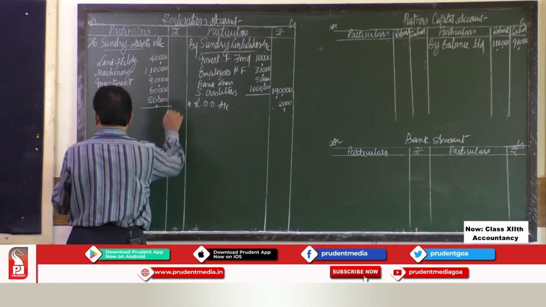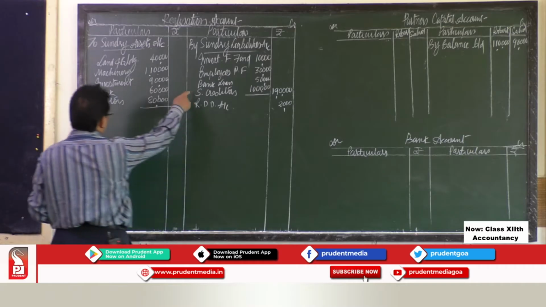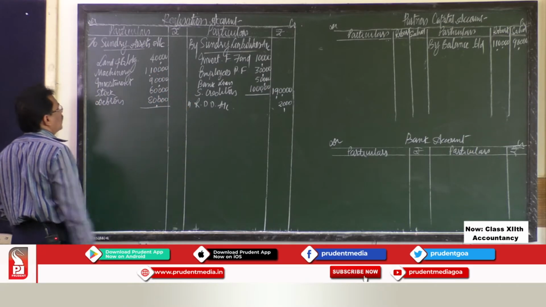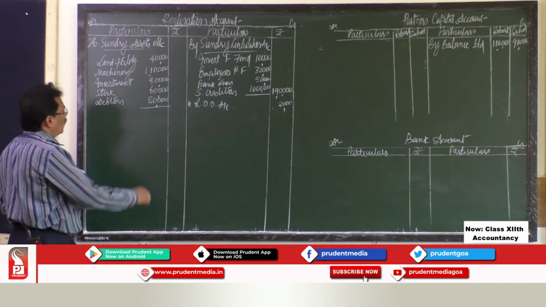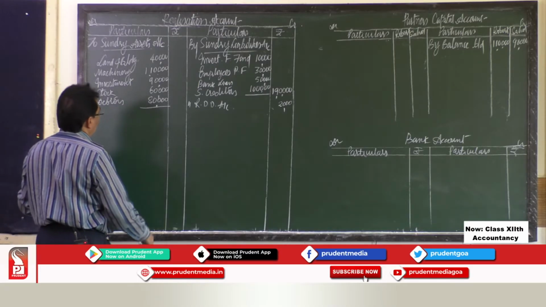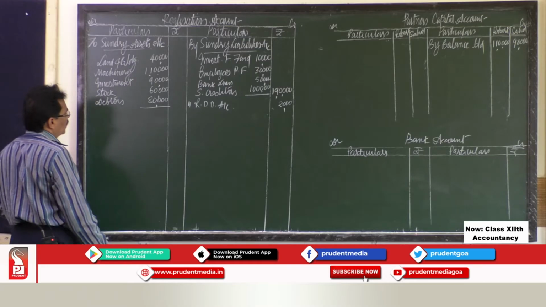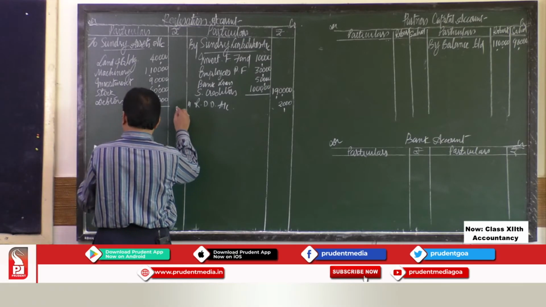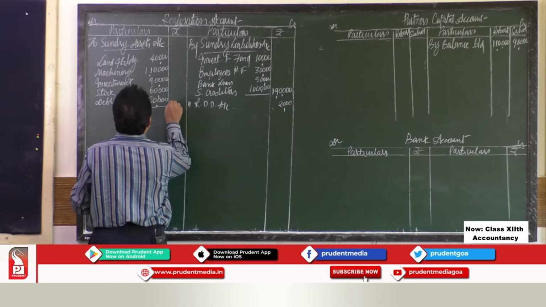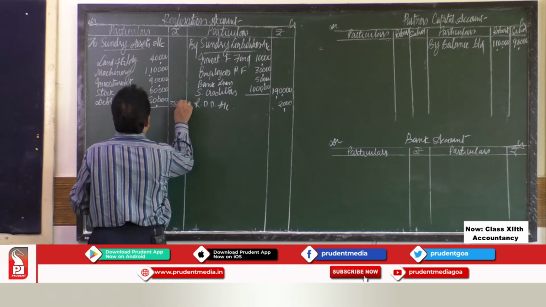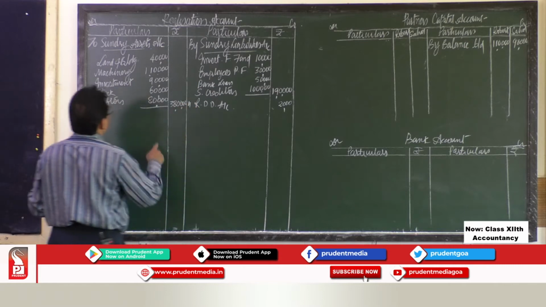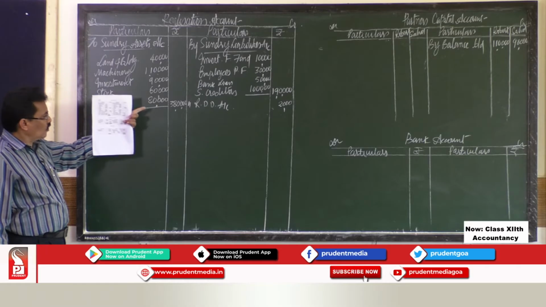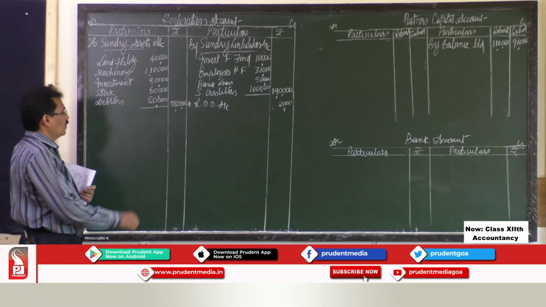Now, all these total you have to put in the outer column, that is 40,000 plus 1,10,000 plus 90,000 plus 60,000 plus 80,000. This total works out to 3,80,000. The total of all these realizable assets is rupees 3,80,000.